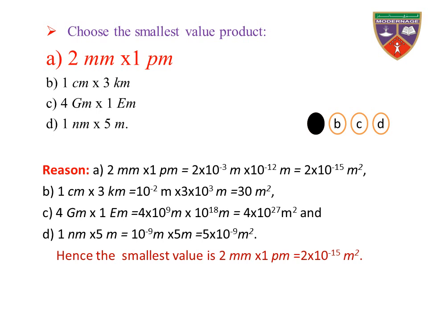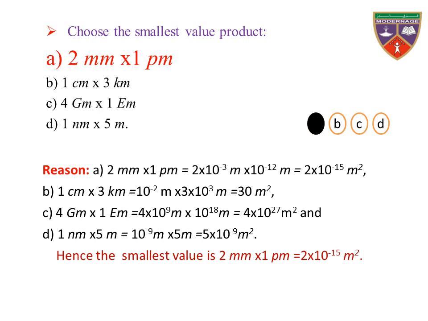Reason: option A, 2 millimeter into 1 picometer is equal to 2 into 10 power minus 3 meter into 10 power minus 12 meter, which is equal to 2 into 10 power minus 15 square meter, because 1 milli is 10 power minus 3 and 1 pico is 10 power minus 12.